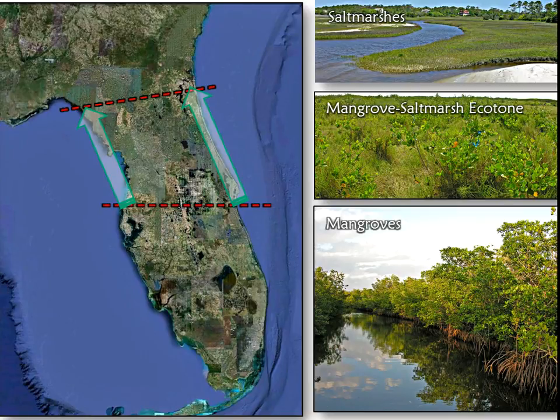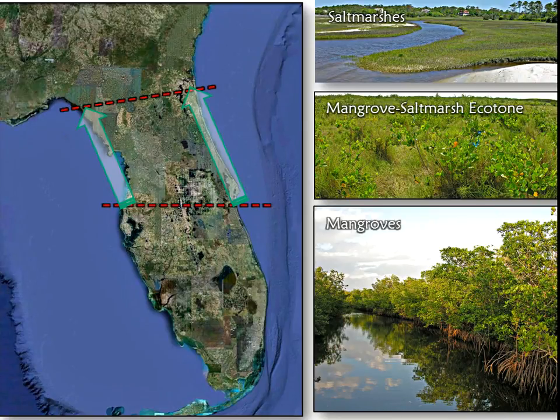So what I've been working on is looking at how these systems are changing with climate change. In the north here we have pure salt marsh, and that's from around 30 degrees north and further north. There's about a 2 degrees of latitude zone from, say, Cocoa Beach to St. John's River, an area where you got mangroves and salt marsh co-occurring.